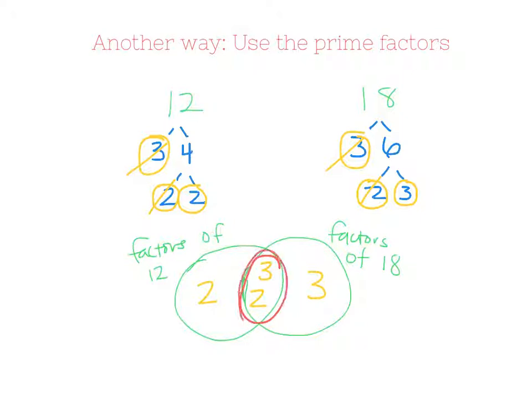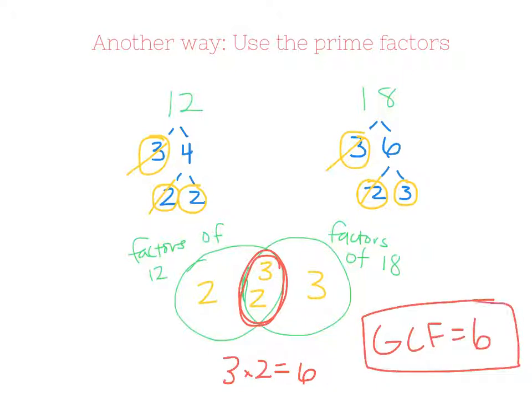These numbers in the middle, you're going to multiply them together. 3 times 2 equals 6. And so the greatest common factor of 12 and 18 is 6. So that's another way you can find the GCF, is to do the prime factorization and then multiply their common factors.